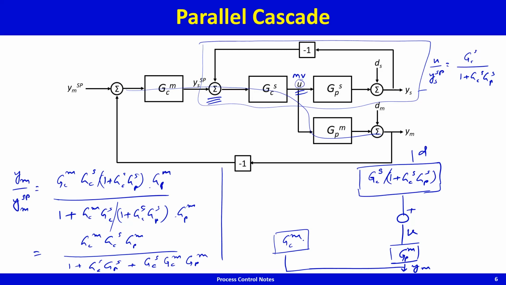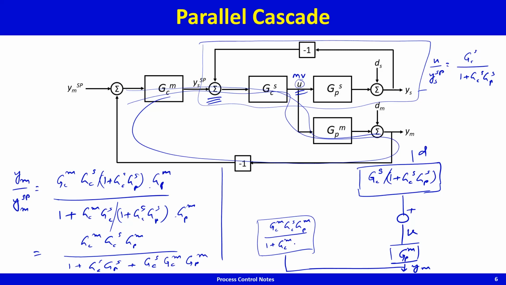So there is this feedback loop. This feedback loop would be, by inspection, GCM GCS GPM divided by 1 plus GCM GPS GPM.